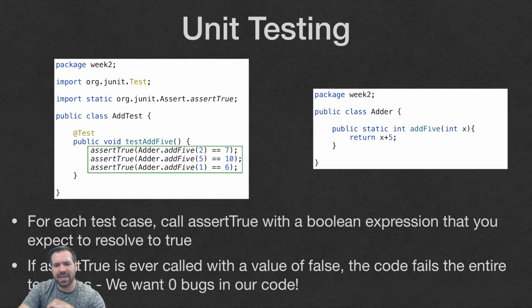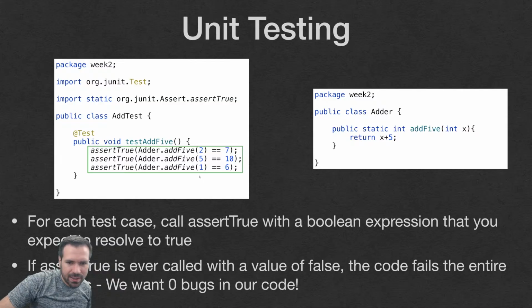And in fact, if a test case fails, the entire test just shuts down. So if we call add 5 on the value 2 and it doesn't return 7, the test fails immediately and the next two test cases aren't even run because your test already failed. Like, what's the point of running anything else? Test failed.